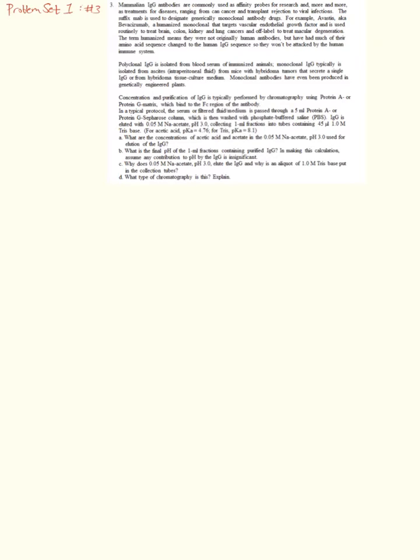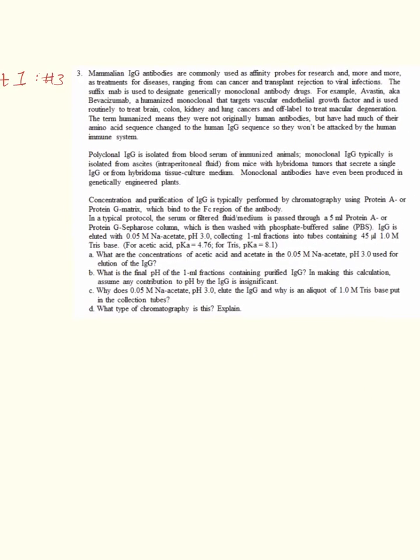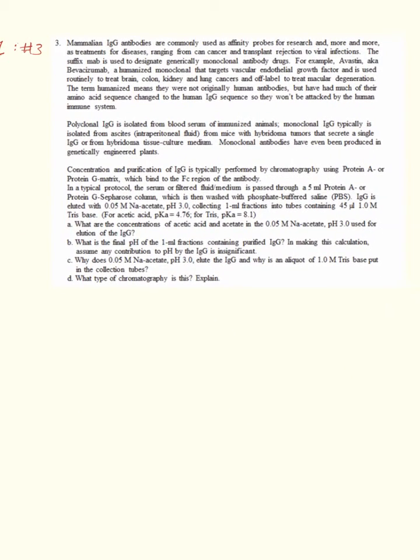But this one is specifically dealing with pH and different kinds of chromatographies and pKa and how they relate. So we're given this huge paragraph. Let me try to zoom in. Okay, so here we're talking about mammalian IgG antibodies, okay?